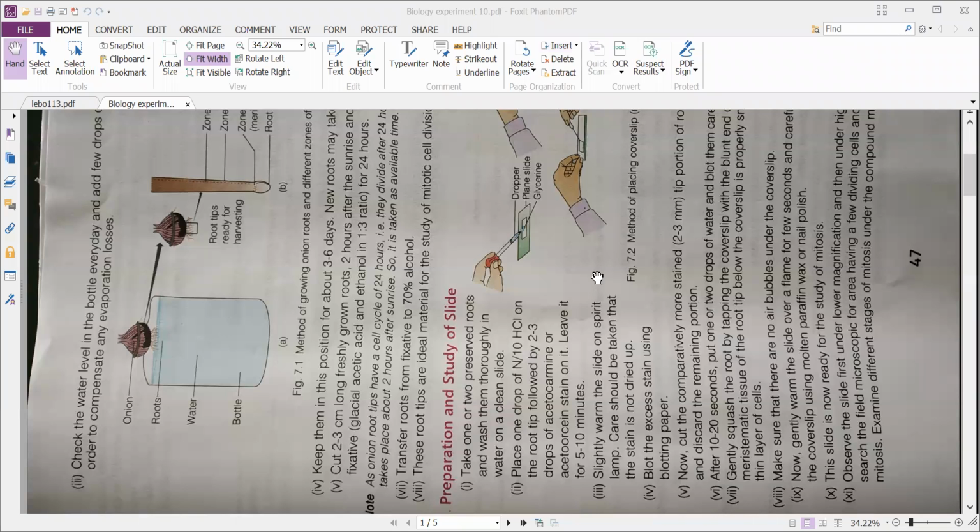Totally 19 experiments are there. This is experiment number 10.